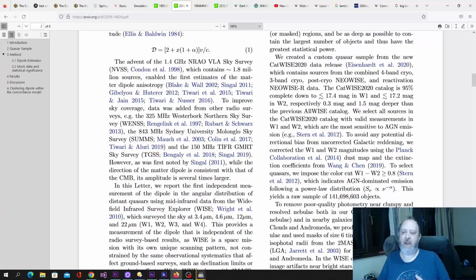So effectively, they're cleaning the data to get the right color of the active galactic nucleus.